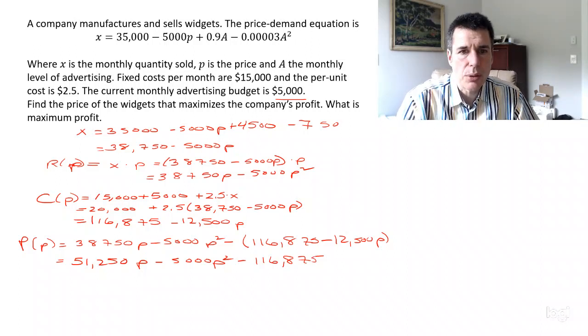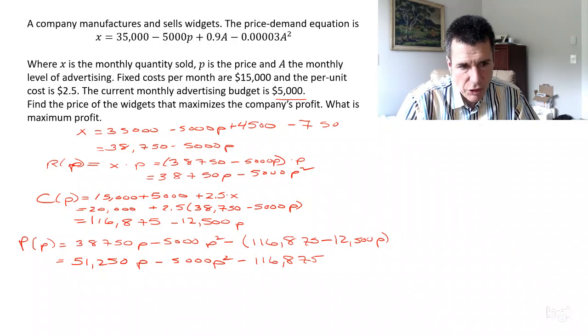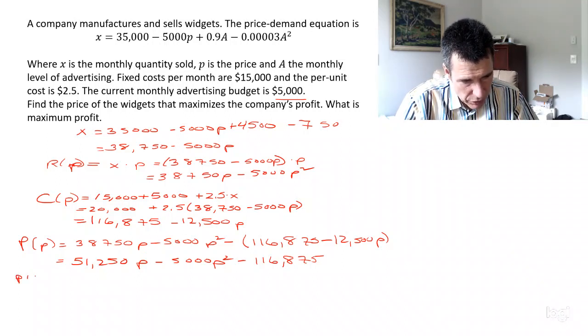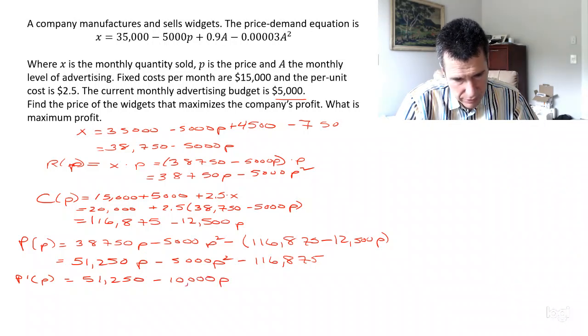We want to maximize it. So we're going to take the derivative and find critical numbers. So P prime of P equals 51,250 minus 10,000P. The constant disappears.